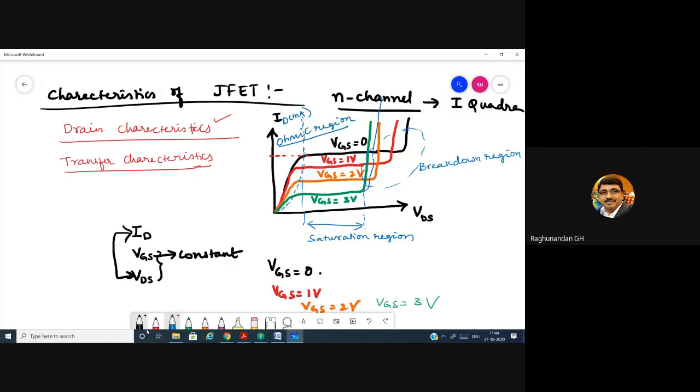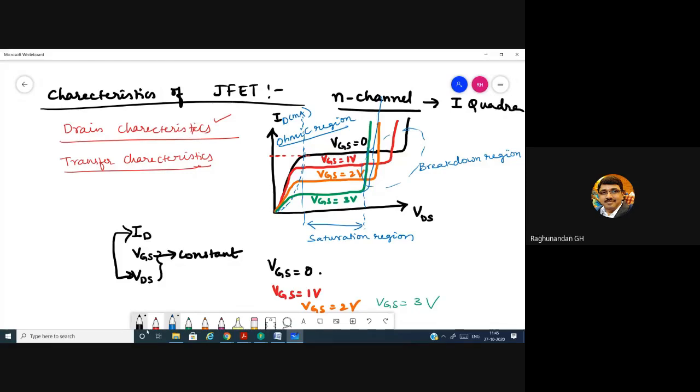But if you use the saturation region, there is no flexibility. It has entered saturation, so you will get only one level of volume, and you cannot reduce it. But in the ohmic region, you can vary the level of current.